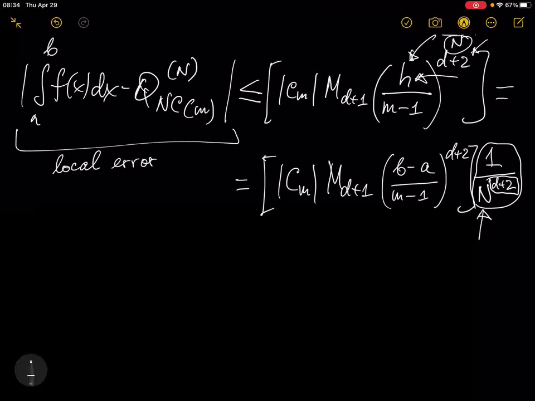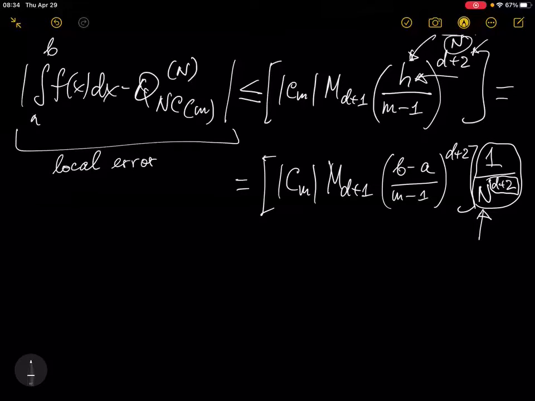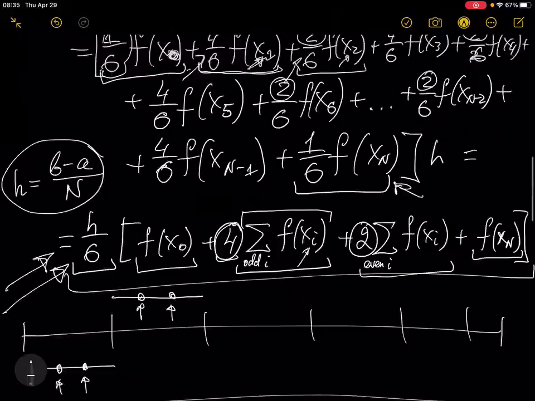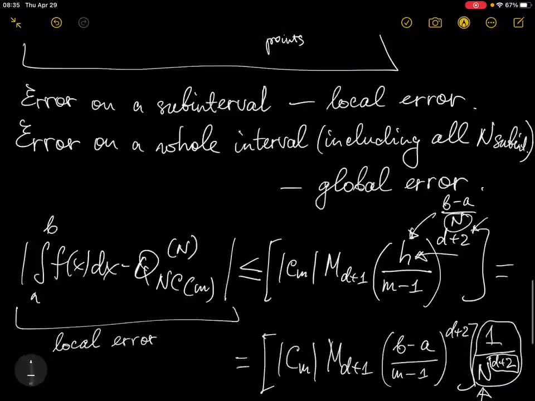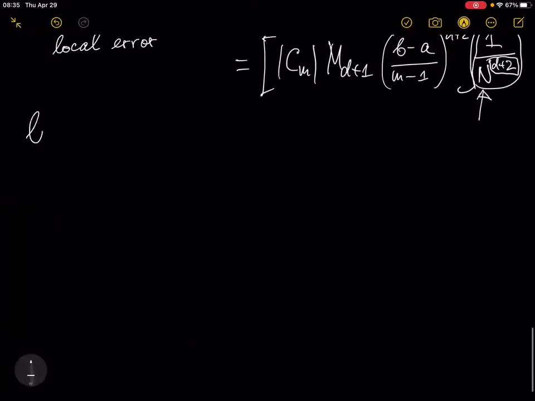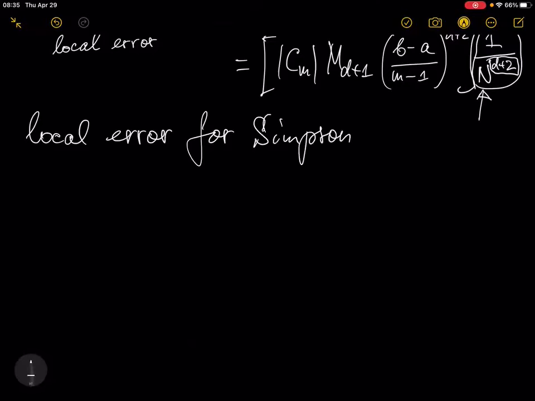In the worst case scenario, your errors will add up. For example, let us consider it like that. For the Simpson rule, we know that m is equal to 3, right? So d is equal to 3, and then your local error for Simpson is proportional to h to the 5th.